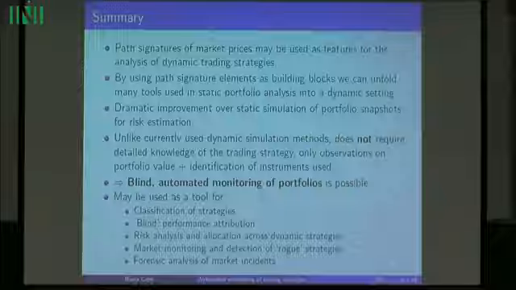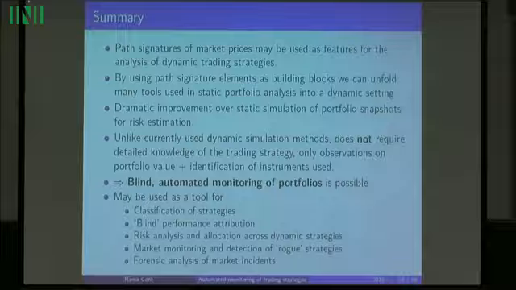So you only look at the value of the portfolios. So this can be used in a blind monitoring of portfolios. Blind meaning not in a bad way. Blind meaning you don't need to know what's going on to do the monitoring. You just do path signature calculations and regressions. You don't need to have any extra information than the value of the portfolio.